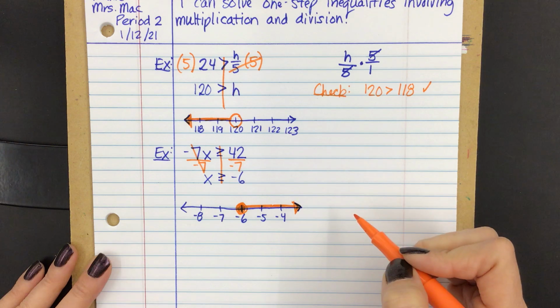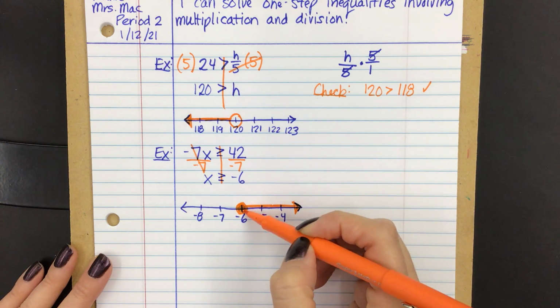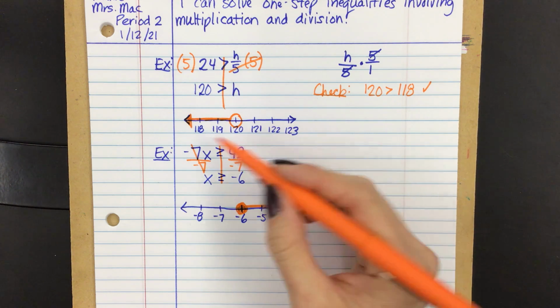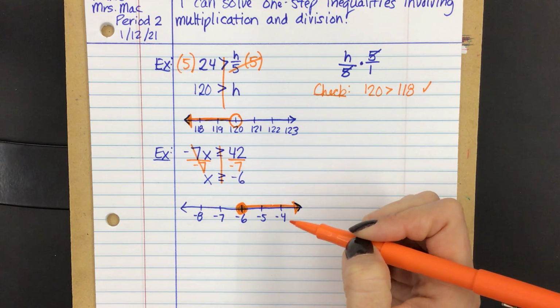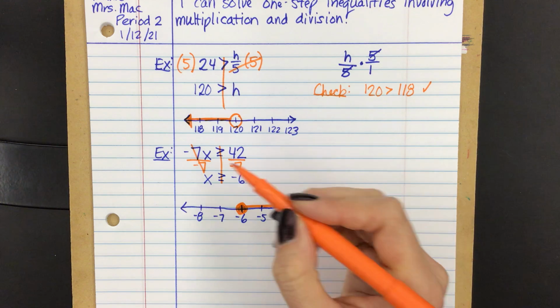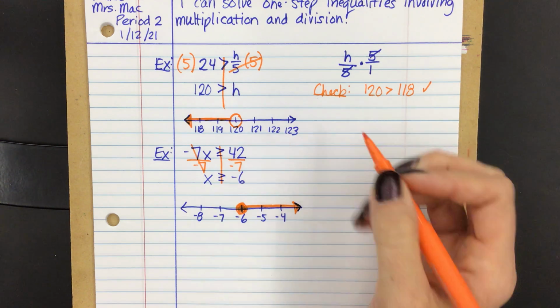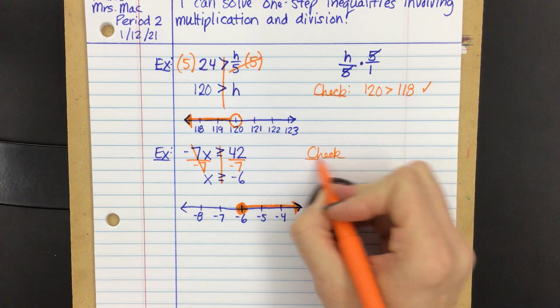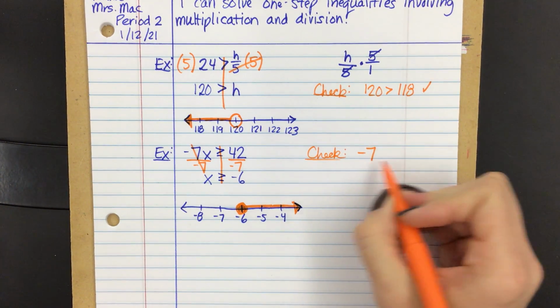Now let's check it out. This time, and really we should always be doing this, we want to go back to the original inequality and check one of the numbers in our solution set to see if it works. So our original inequality is -7 times x.